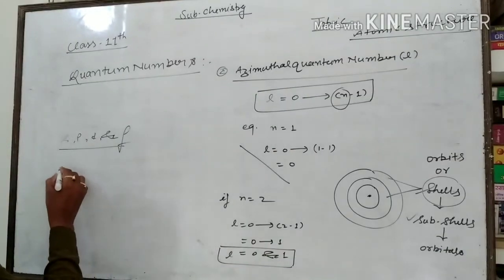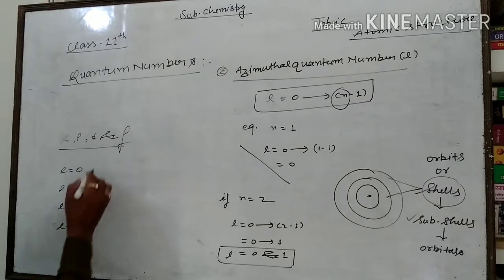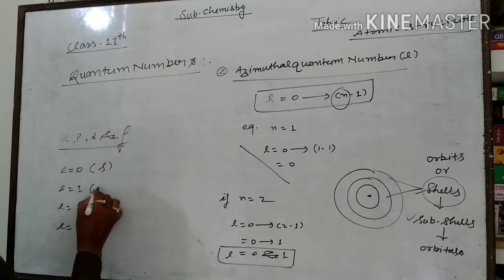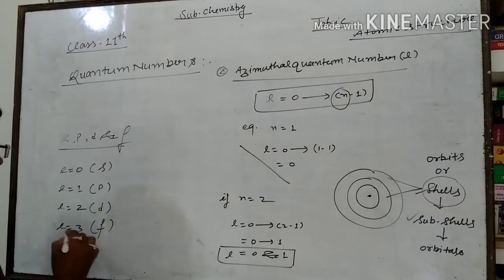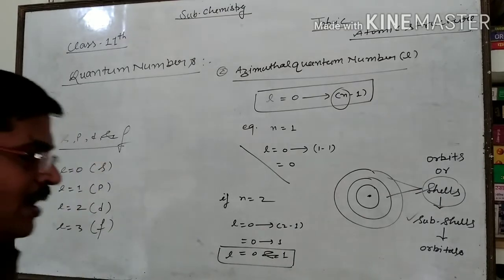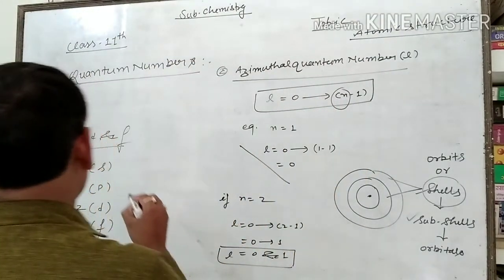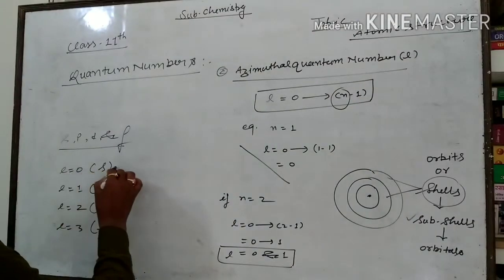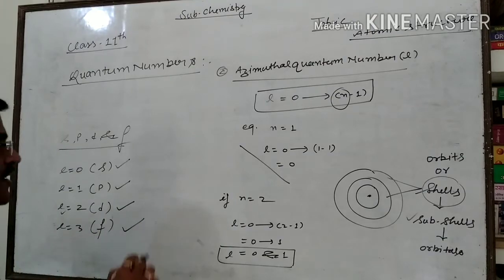If the value of l is equal to 0, 1, 2 and 3, then this will be for the S, for the P, this one for the D, and this one for the F. As I have taken here, if l is equal to 0, then S subcell; l is equal to 1, then P subcell; l is equal to 2, then D; and l is equal to 3, then F subcell.